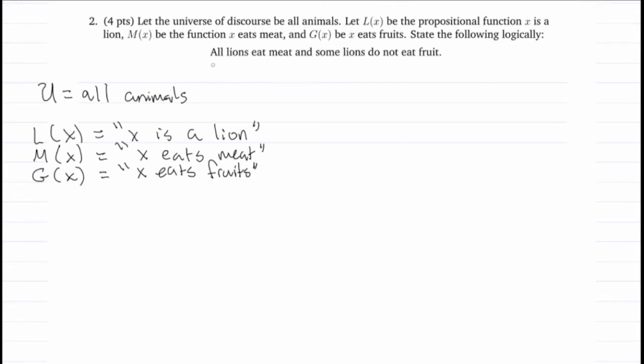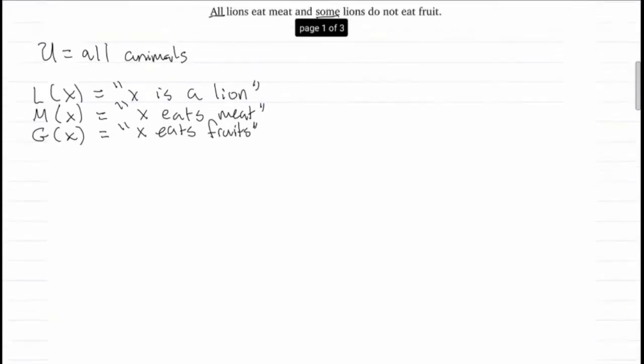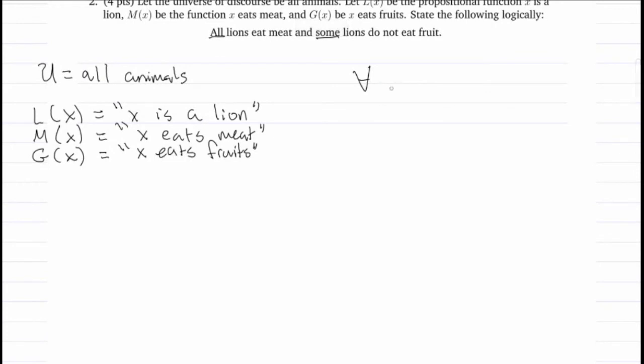It says all lions eat meat and some lions do not eat fruit. So let's put this out logically. Right here we have an all and a some, so we know we're going to be using our universal and existential quantifiers.